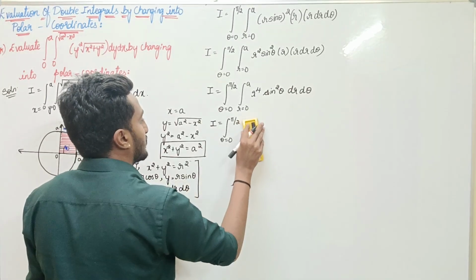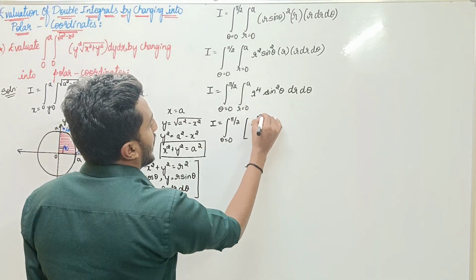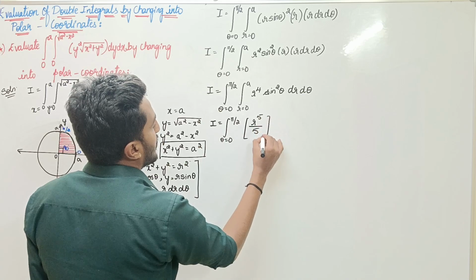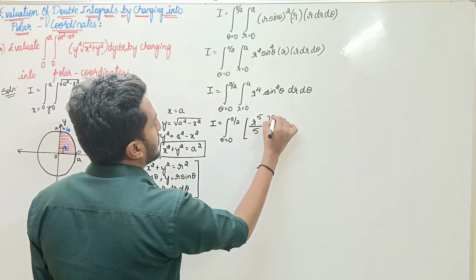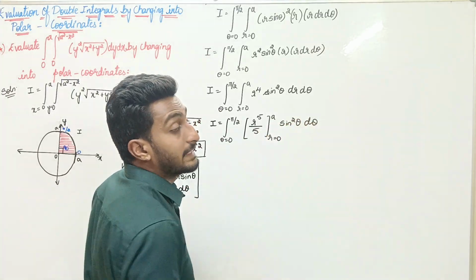Let us represent it first. R power of 4 can be integrated with respect to r as r power of 5 by 5. Limit varies from 0 to a, and sin square theta remains constant with respect to d theta.